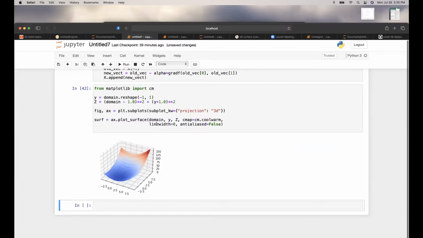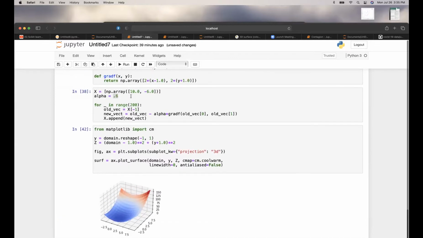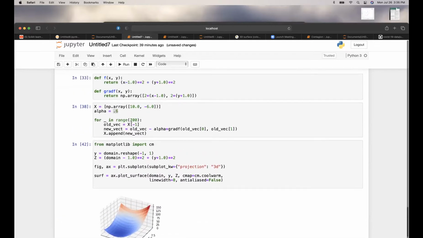So now what I want to do is show those values here. So I'm going to iterate this maybe 50 times.